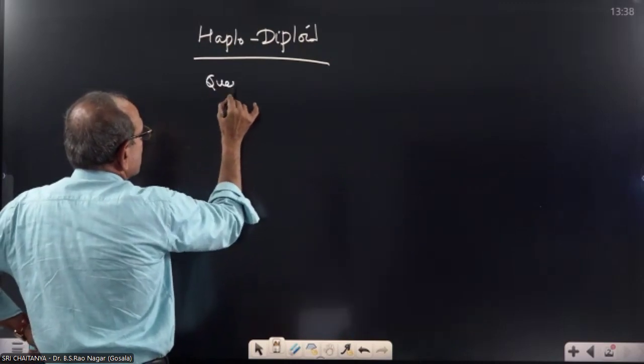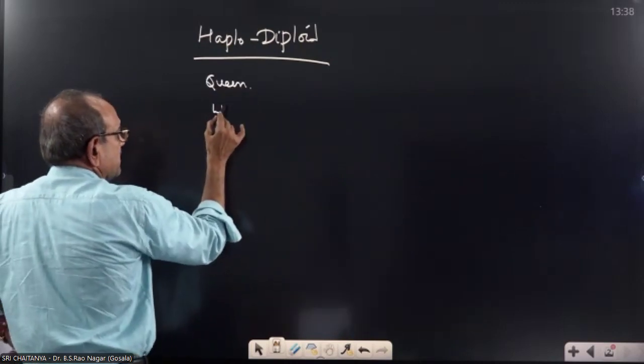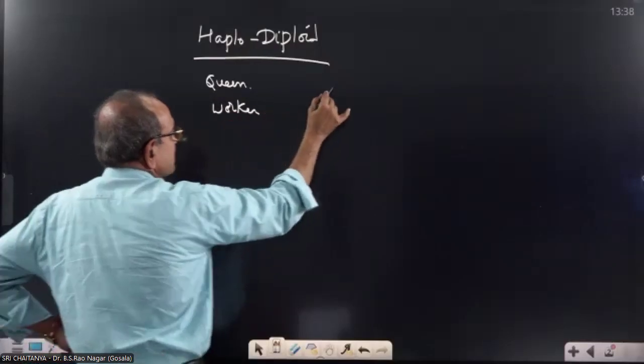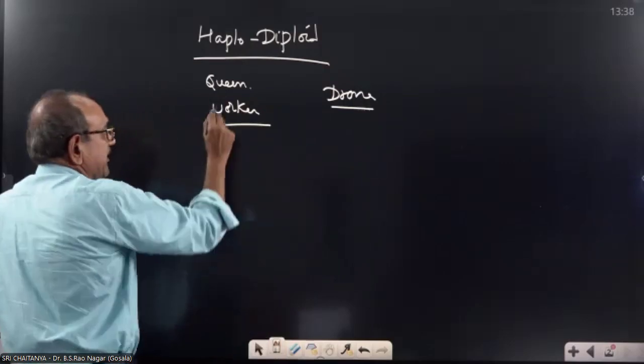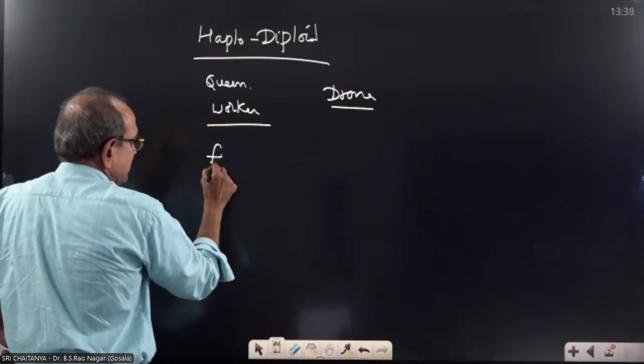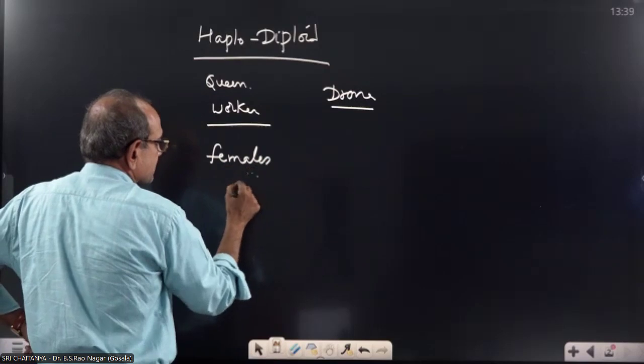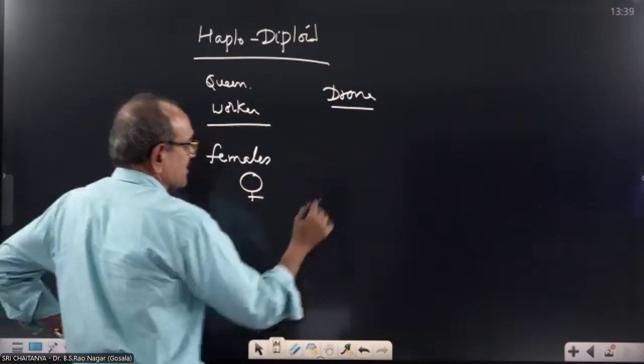We know that in a honeybee colony, there are 3 different castes present: queen, worker, as well as drones. Queen and workers are the females, whereas drone is the male.